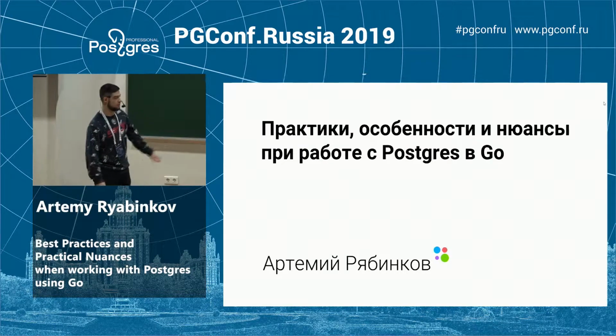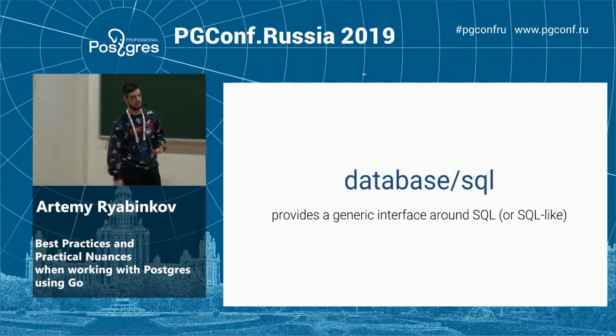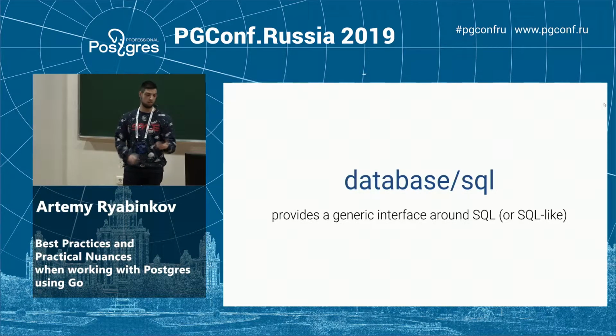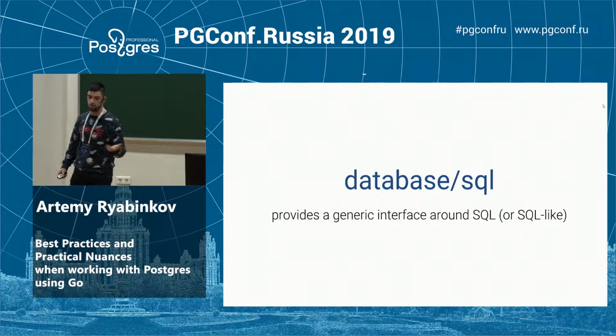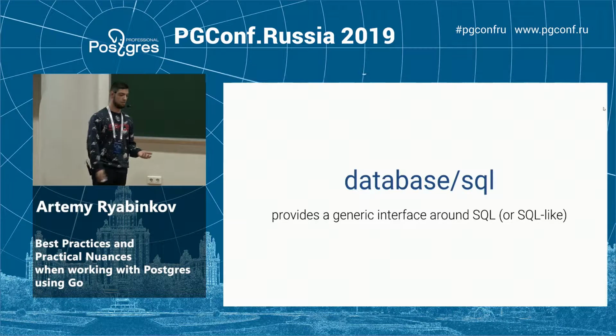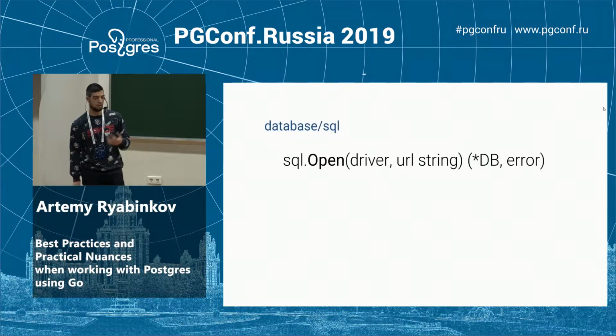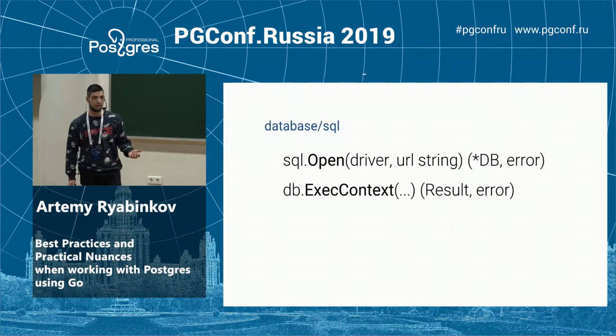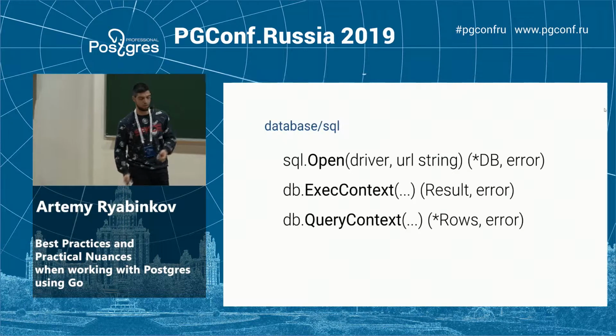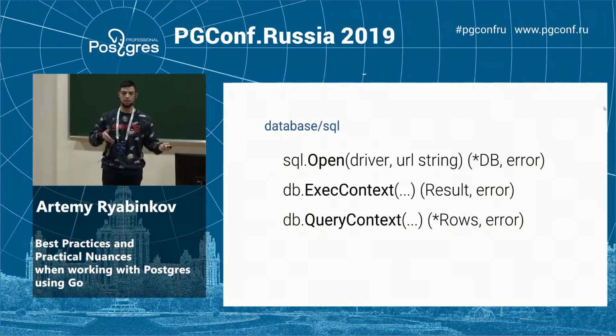Go has a set of tools that allows you to work with database. The first one is the standard kit that provides an interface for working with database. This package is known as database/sql, and its interface provides an API for opening database, for fulfilling a query, and for getting data.